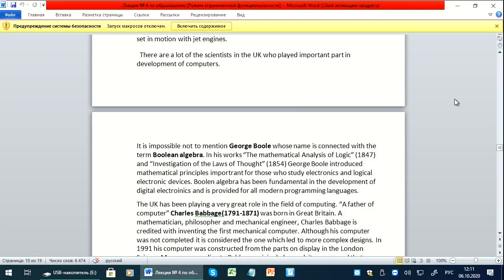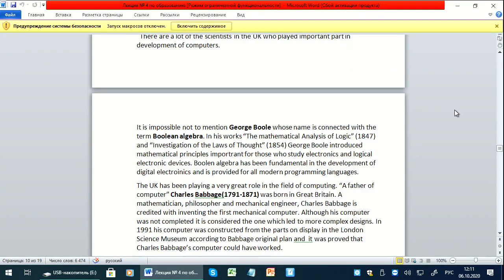Although the computer was not completed, it is considered the one which led to more complex designs. In 1991, his computer was reconstructed from the parts which were and are on display in the London Science Museum, according to Babbage's original plan. And it was proved that Charles Babbage's computer could have worked if it had been completed.